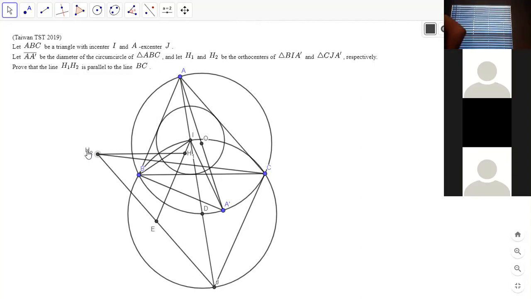One second, guys. All right. So IH1 is parallel to AB.